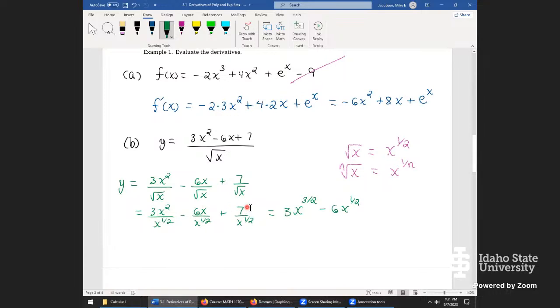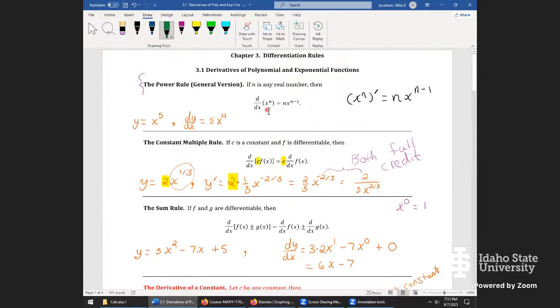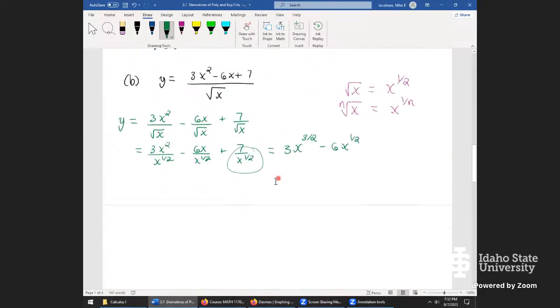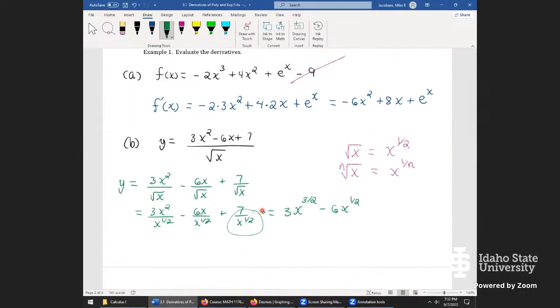And new trick on this one, this is still a big problem for us. It's kind of surprising. The power rule is very, very specific. The base x has to be in a numerator, not in a denominator, if we're going to use the rule in this format. And so even this term is a problem. But here's our trick. We can go plus 7, x to the power of -1/2 to get the right value. So that's a bunch of exponent laws. Any questions, folks, on the exponent laws that got us to here?